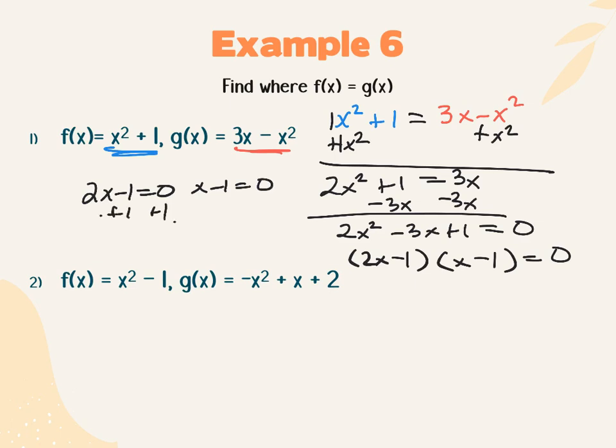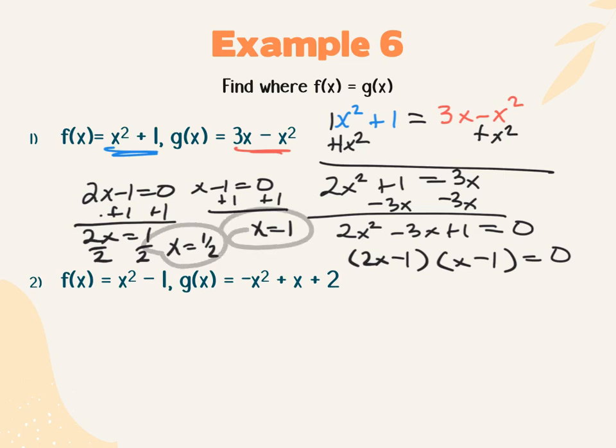Add 1. 2x equals 1. Divide by 2. So my first one is 1/2. Add 1, and x equals positive 1. If they want coordinates, you'd plug it back in. They just wanted the x values. So 1/2 and positive 1.